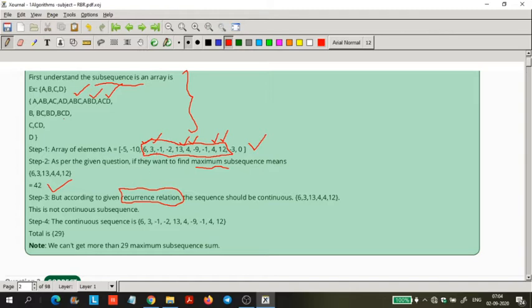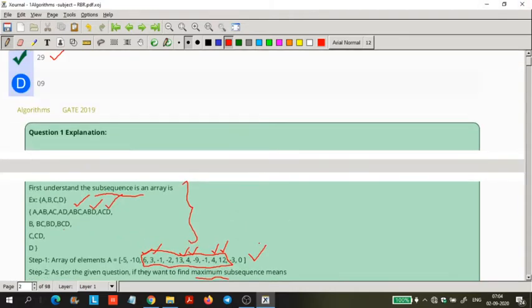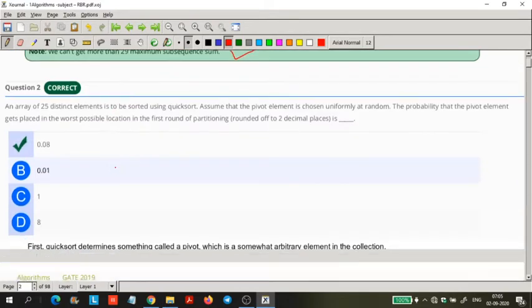So 6, 3 gives 9, 9 minus 1 is 8, 8 minus 2 is 6, 6 plus 4 is 10, 10 plus 13 is 23, 23 minus 10 is 13, 13 plus 4 is 17, 17 plus 2 is 19, and finally 29. So we get the maximum subsequence sum of 29, and the answer is 29.